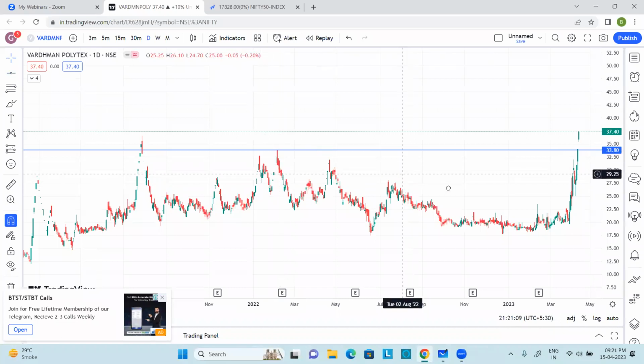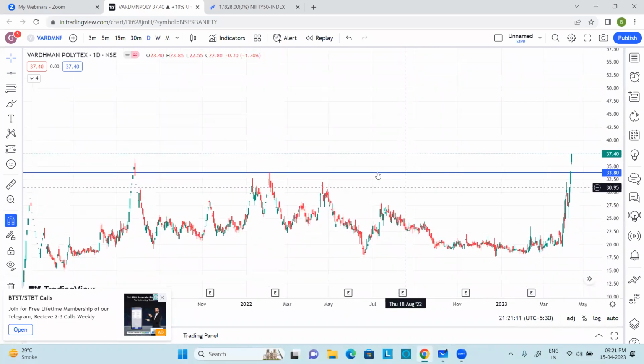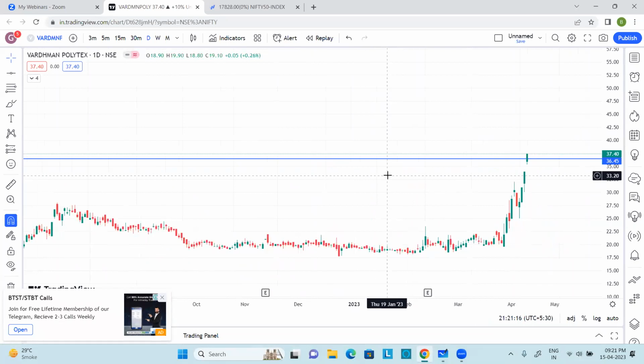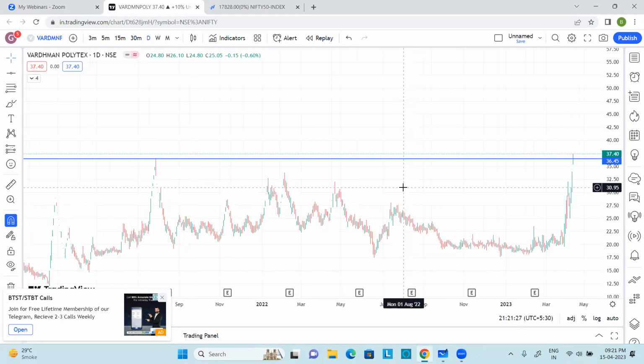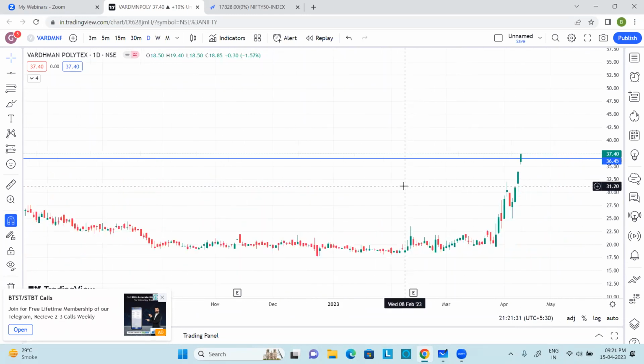No, Shankar. No, no, this is not. This is not a breakaway, Shankar. This is not breakaway. Exactly, price should open above the resistance.